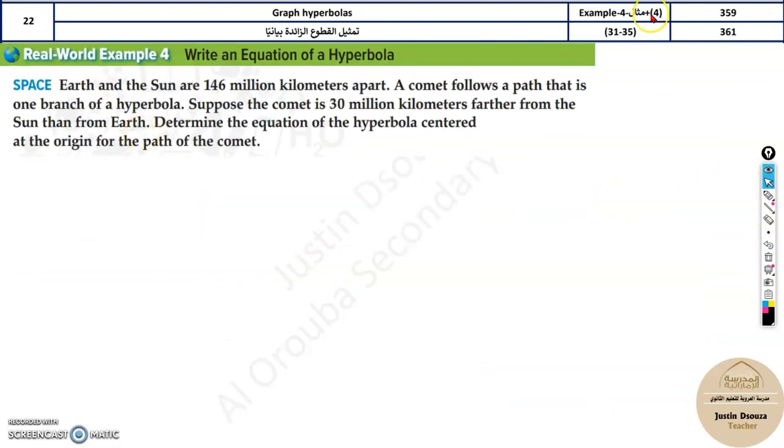Let's see a problem over here. Let's do this example problem mentioned over here. Earth and Sun are 146 million kilometers apart. A comet follows a path that is one branch of a hyperbola. So whatever distance they gave you is 2c, that is 146.